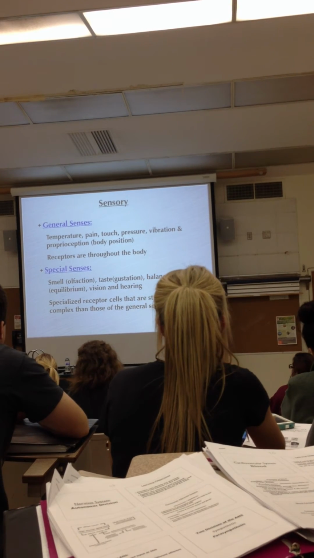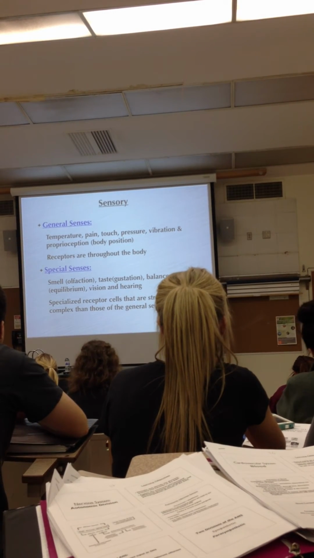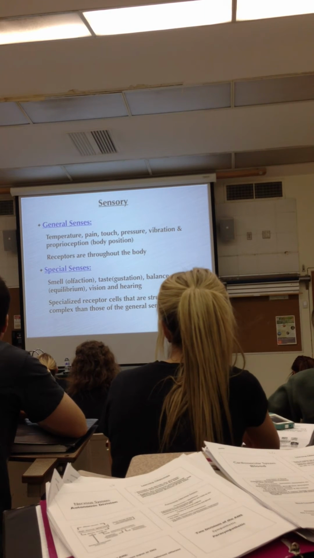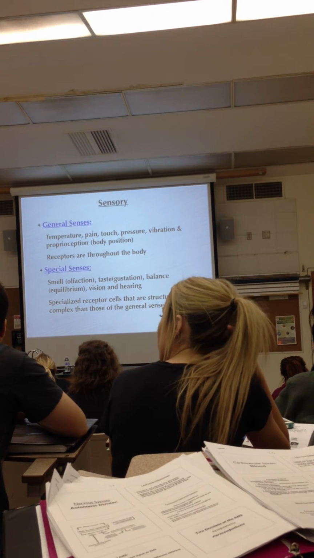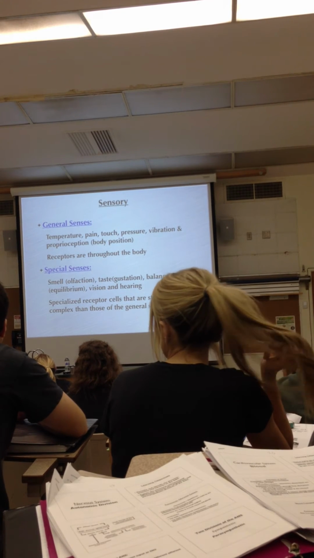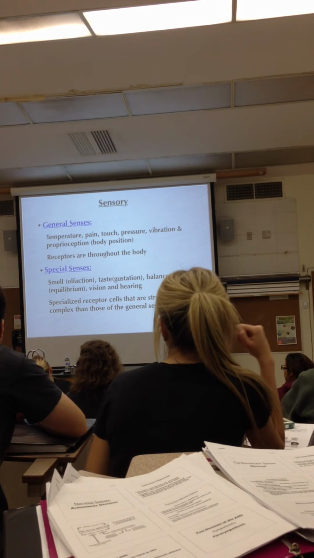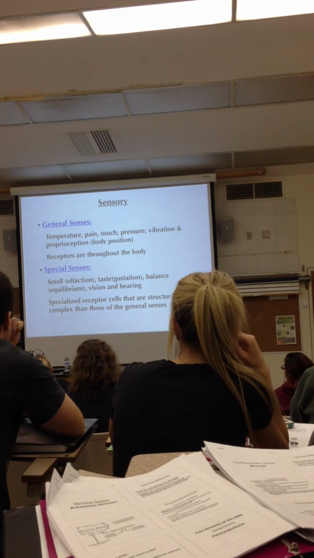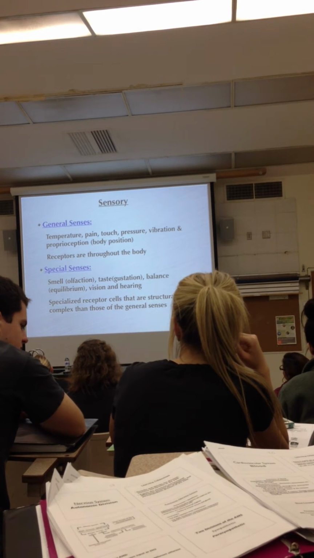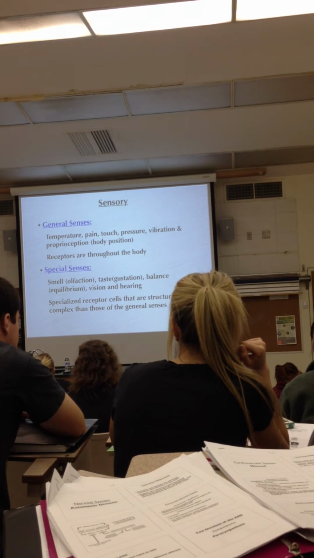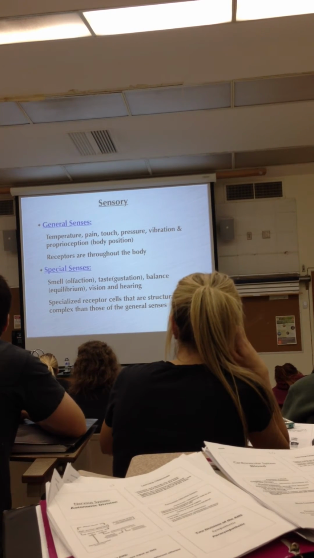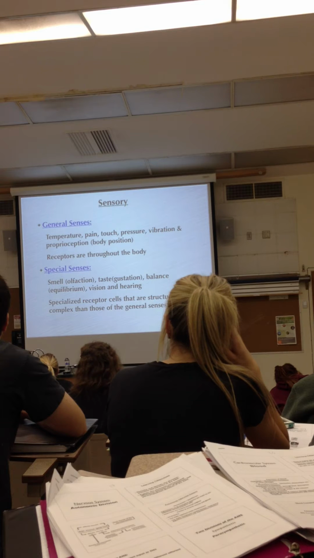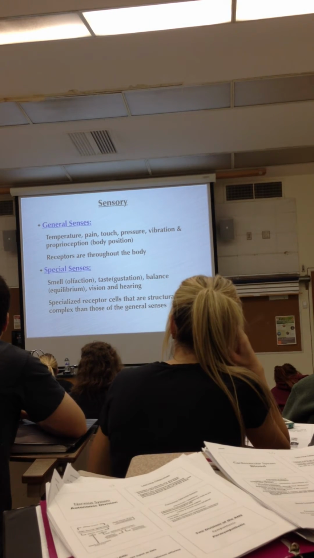When you hear this difference between general senses and special senses, the easiest way to remember it is: the special senses are the special senses, and everything else in the somatic world, skin, muscle, that area, is going to be general senses. So the 5 special senses are vision, balance or equilibrium, hearing, taste, and smell.